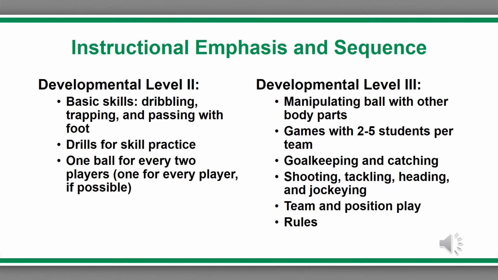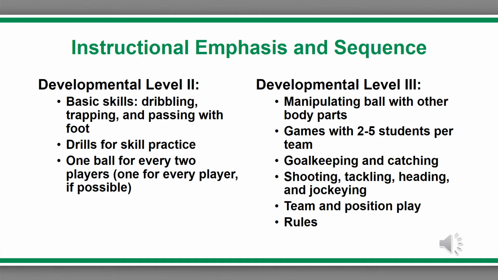On page 647, table 27.1 shows the emphasis and the sequence that you want to follow for developmental levels 2 and 3. We see here they definitely need the basic skills in developmental level 2, grades 3 and 4. They need to learn how to dribble, how to trap, and how to pass. Then you want them to have drills for skill practice.